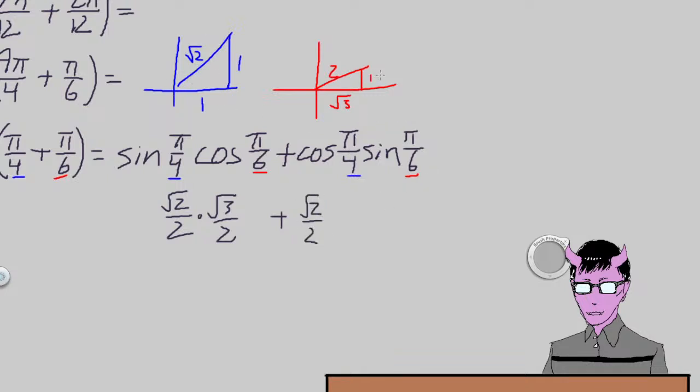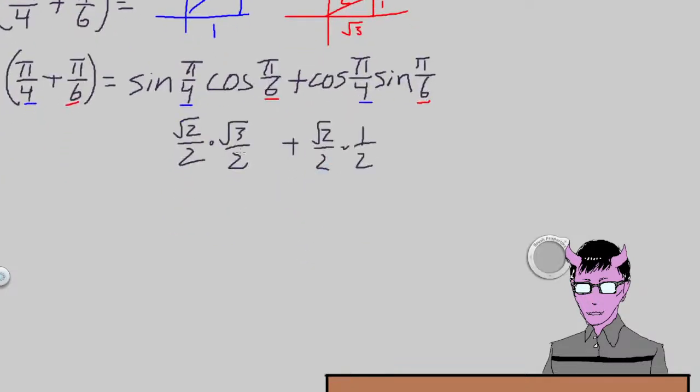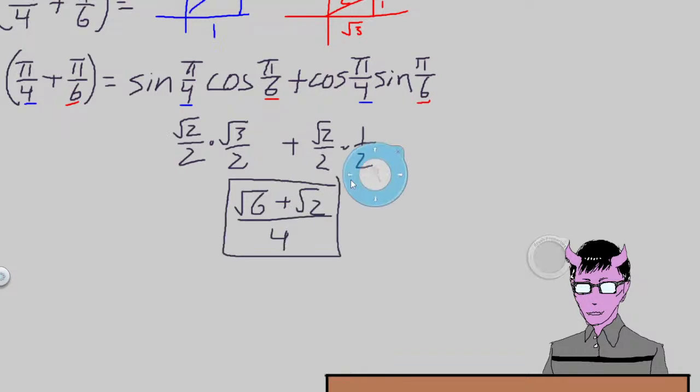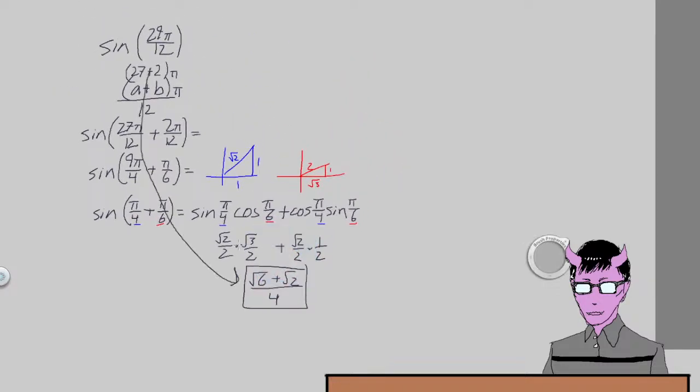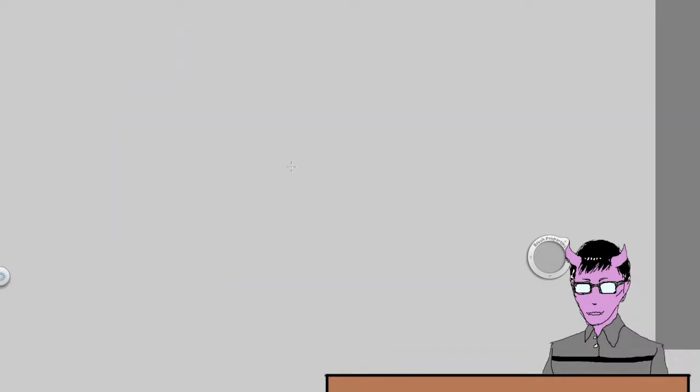And then sine of that one is 1 over 2. Cleanup step, we get root 6 plus root 2 all over common denominator of 4. And then we're done with this first problem. Evaluation. You don't need to show that much work if you don't need to. But there is the full entire work right there. And we are done.